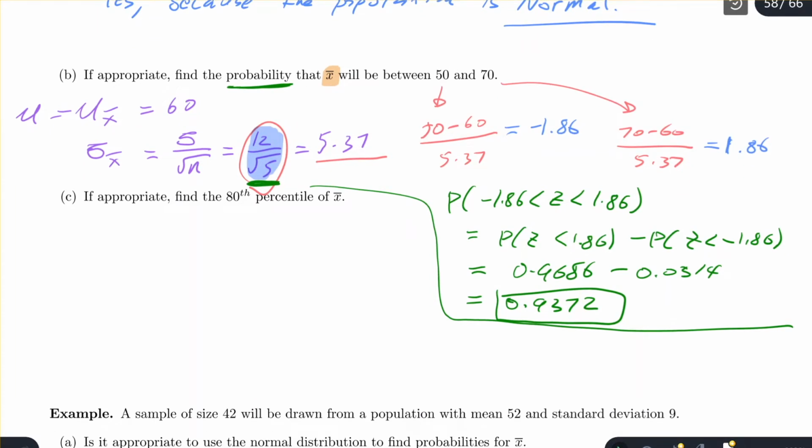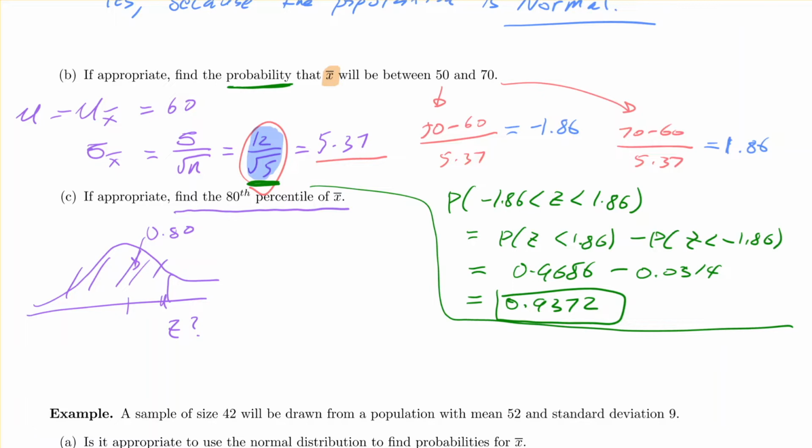It is appropriate, so we can use the normal distribution. Find the 80th percentile of X bar. Again, similar to what we did before, this gives us an area to the left of 0.8. Find this z-score, and then find the X bar value. So let's find the corresponding z-score.